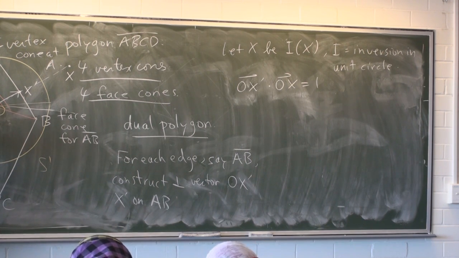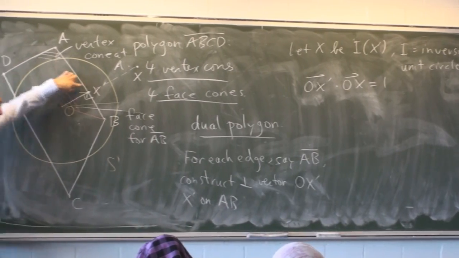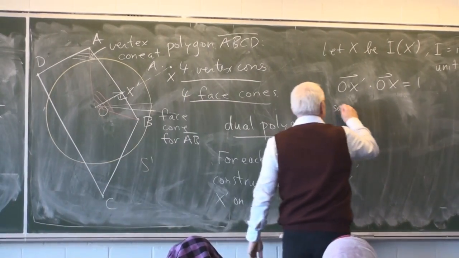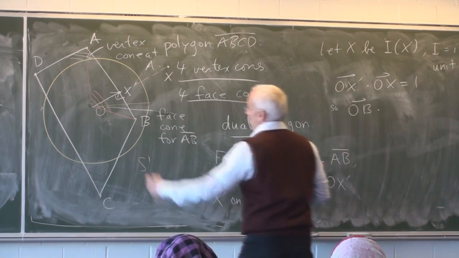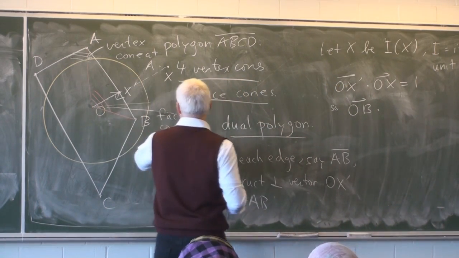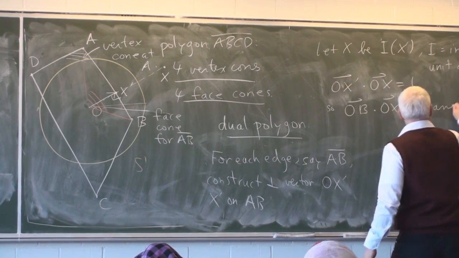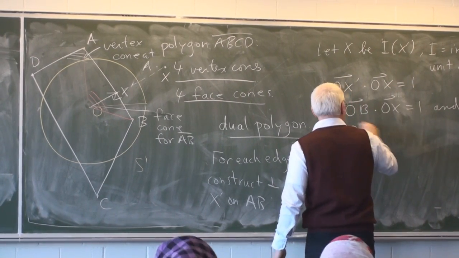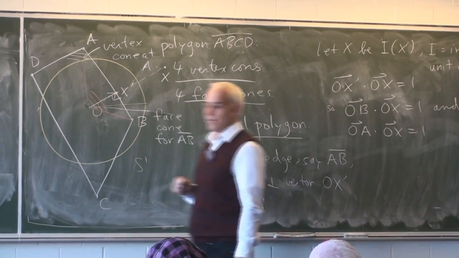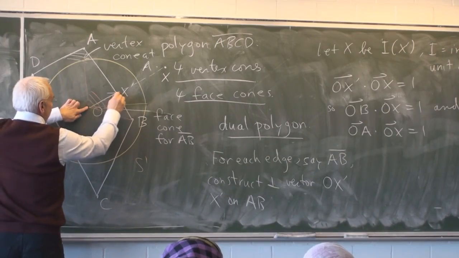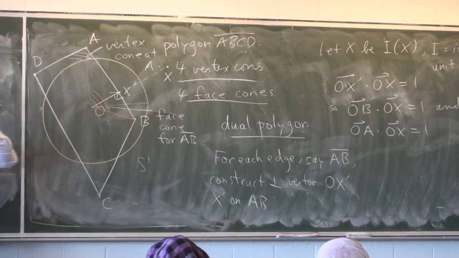Well, that means, however, that since this is perpendicular, if we take the vector OB, it also has dot product 1 with OX. And OA dot OX also equals 1. Because the difference between these is perpendicular to OX.